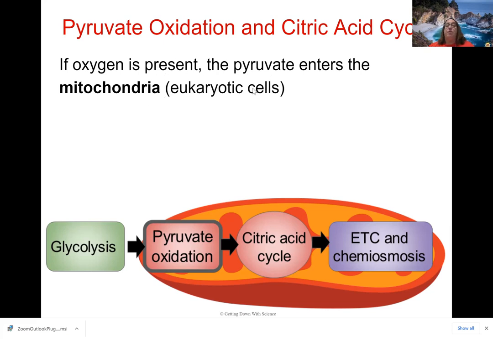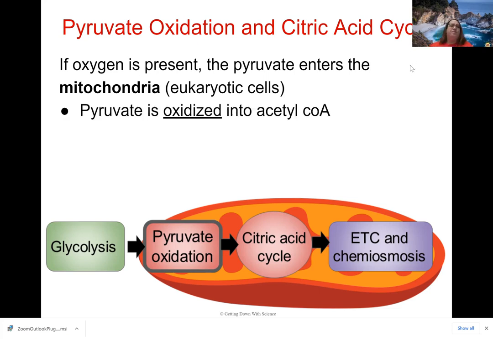So this happens in eukaryotic cells, and it only happens if there's oxygen present. Now you know why you actually have to inhale oxygen. You have to inhale it for this process. I know that sounds a little weird, but you have to inhale the oxygen for this specific process of cell respiration, where oxygen is present.